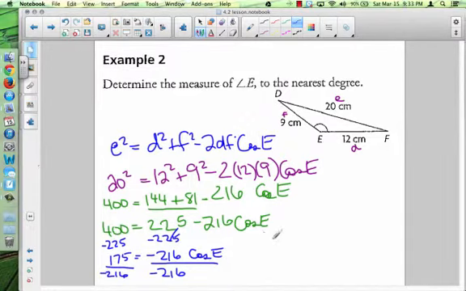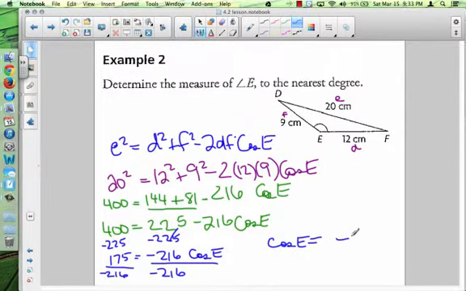All right, so I'm going to get the cos of E is a negative value. I'm going to get 175 divided by negative 216. I'm just doing it on my calculator. Negative 0.810.